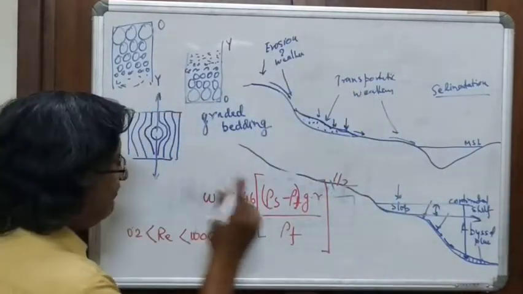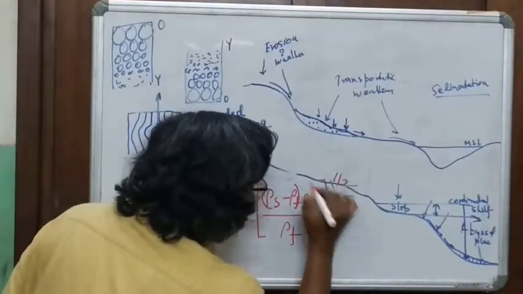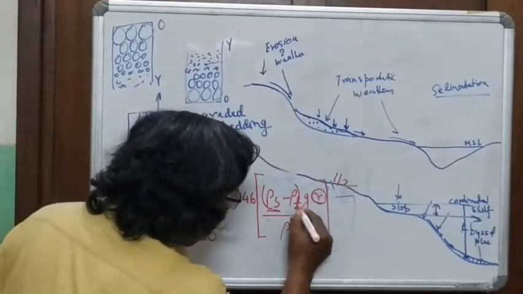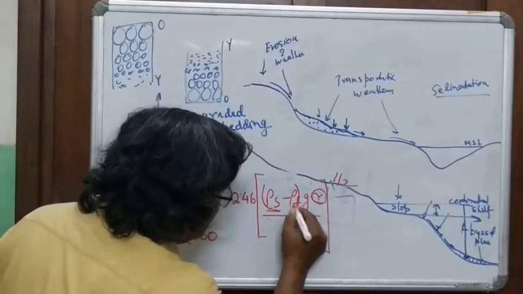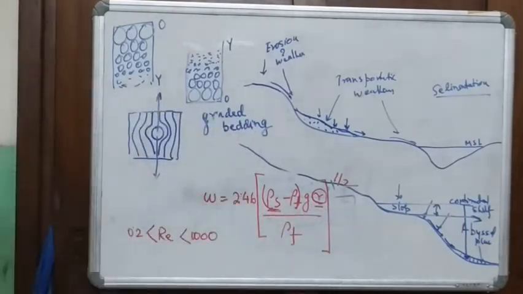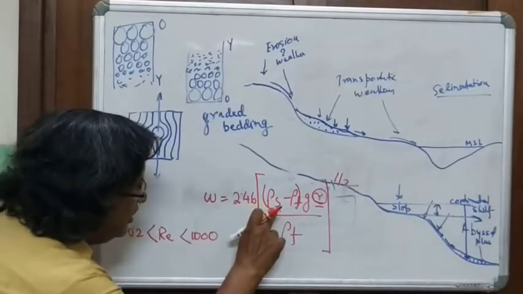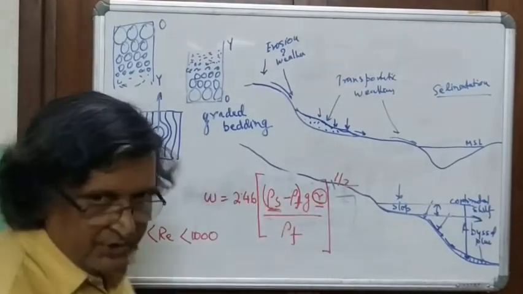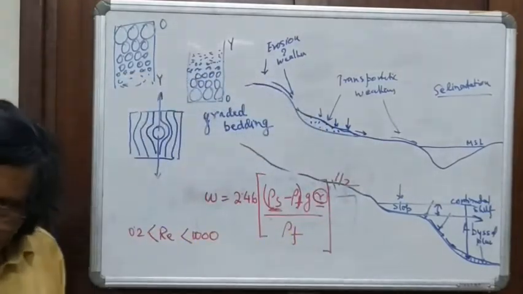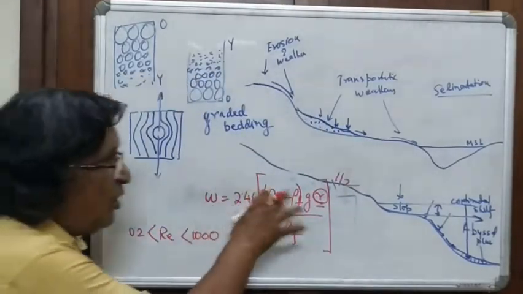But the basic fact, the dependence on r and on rho s by rho f, you see, this is rho s by rho f and this is minus 1. So basically, the main differences are still the density of the solid and the radius. Although the velocities would change in magnitude, the functions remain almost similar.